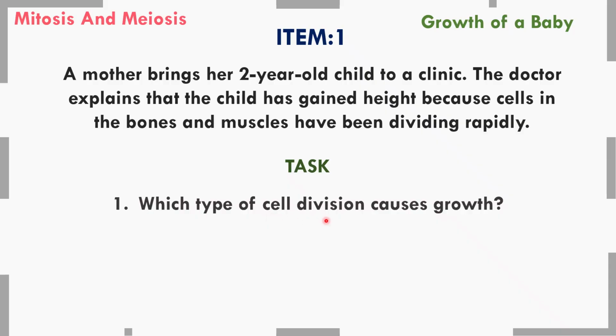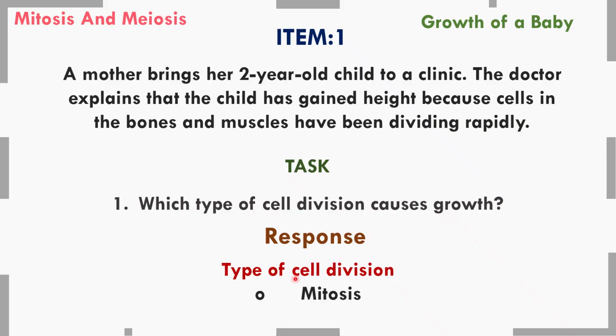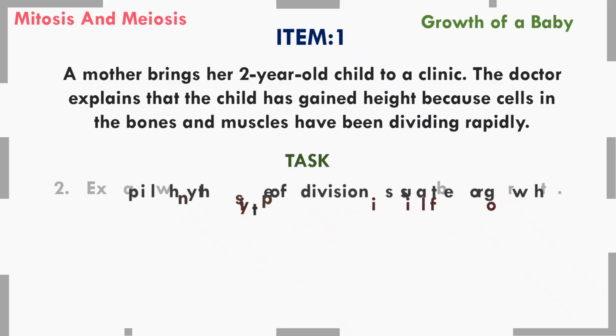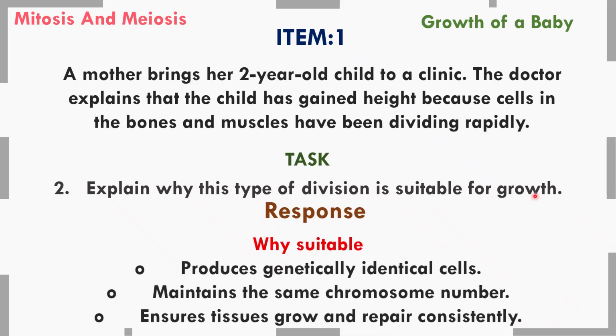Which type of cell division causes growth? The type of cell division is mitosis. Explain why this type of division is suitable for growth. Why suitable? It produces genetically identical cells.